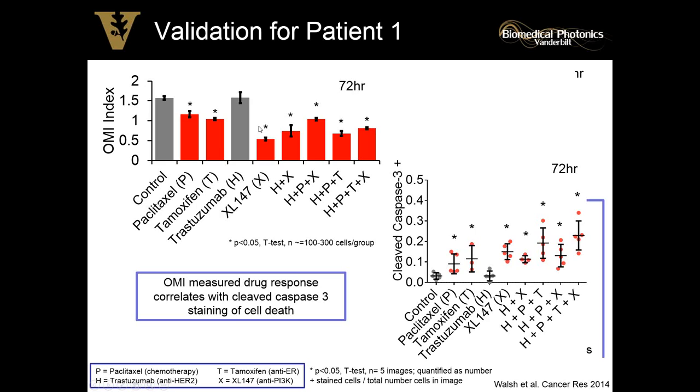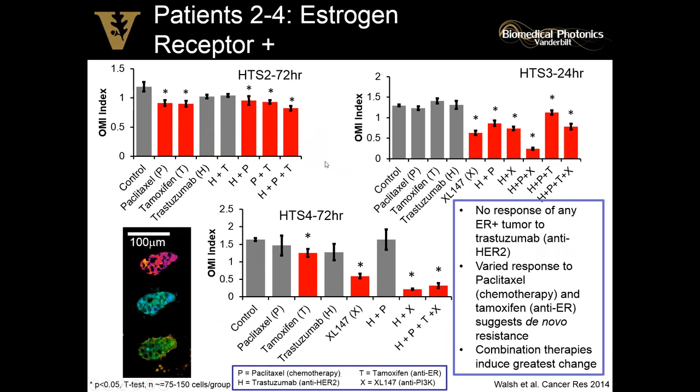These are just some examples of different patients who were also estrogen receptor positive, just to show that there's varied response to treatment as we expect in patients. Not all of them do respond to the ER inhibitor, even though they are ER positive tumors. And we are investigating validating this right now with respect to neoadjuvant therapy response at the time of surgery.